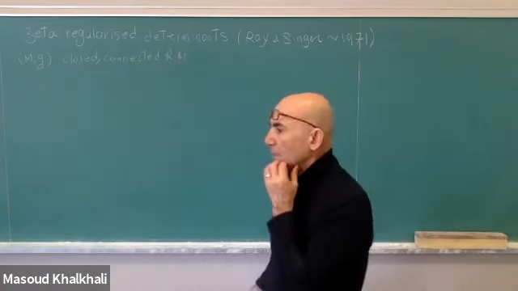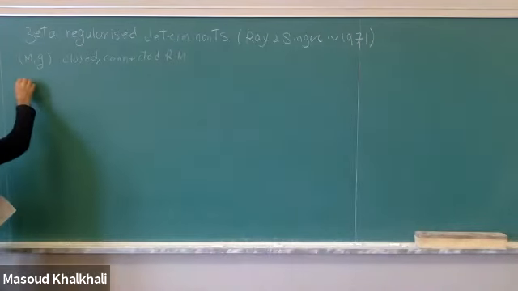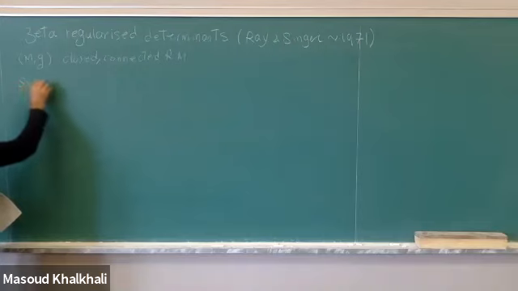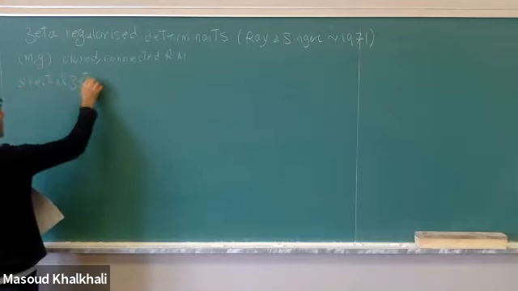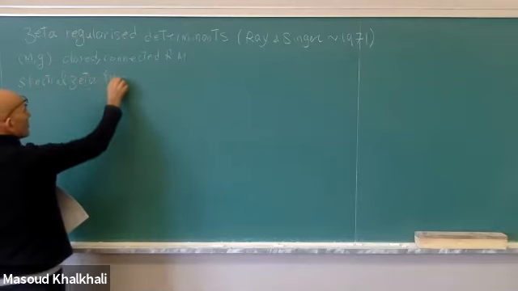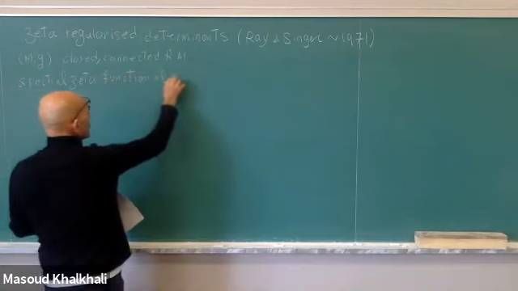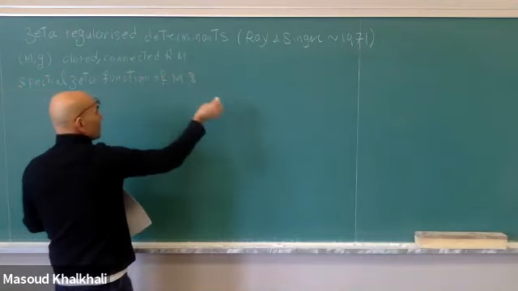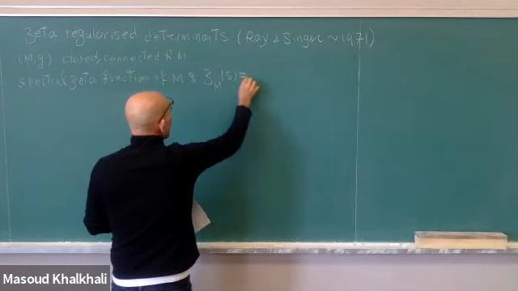So then we attached to this the spectral zeta function of M. So we denoted this by zeta_M(s).